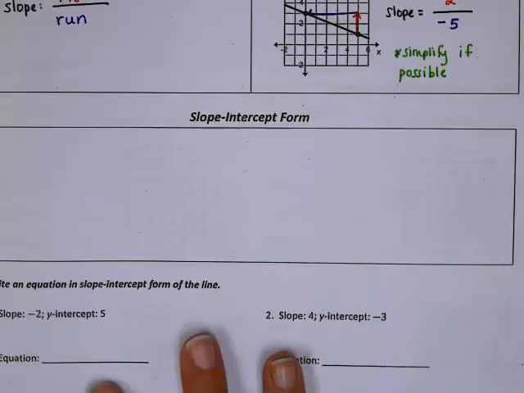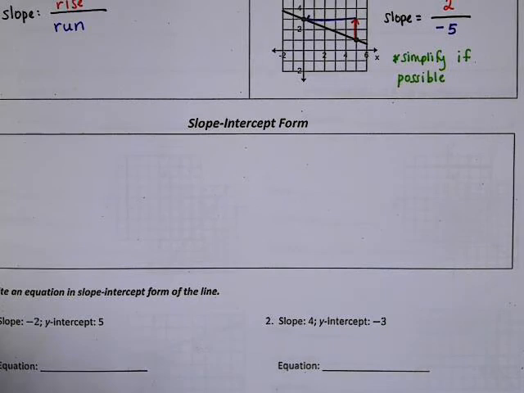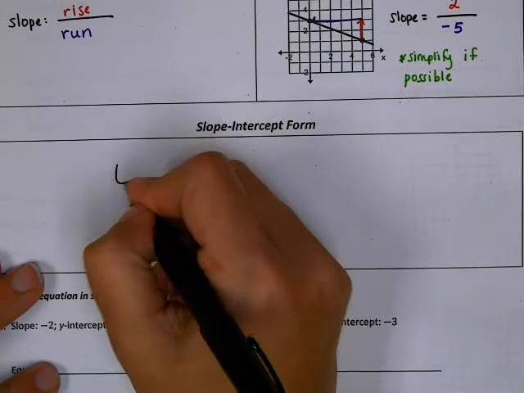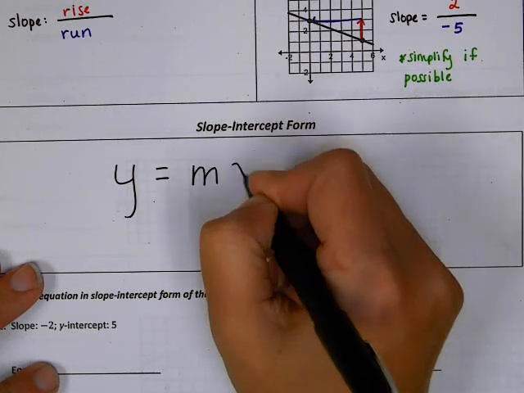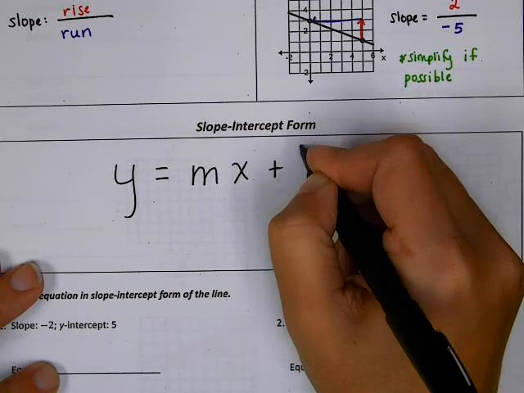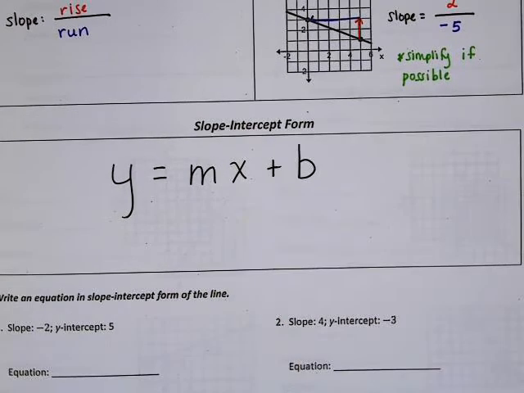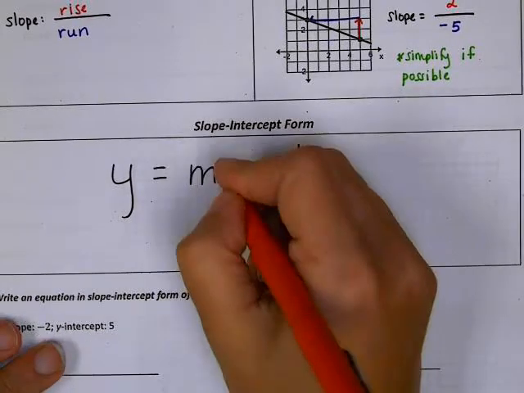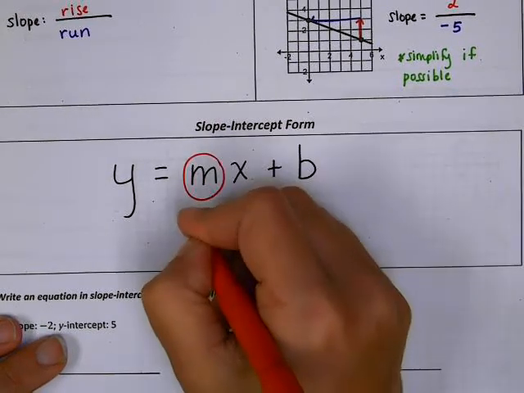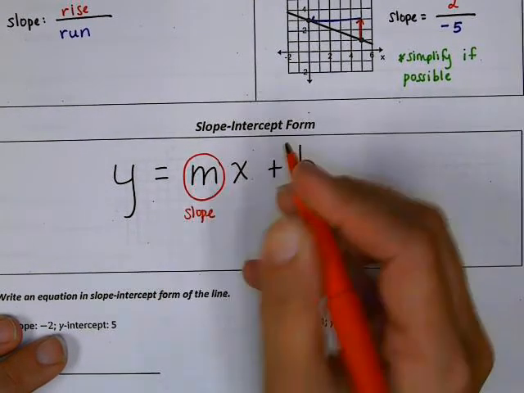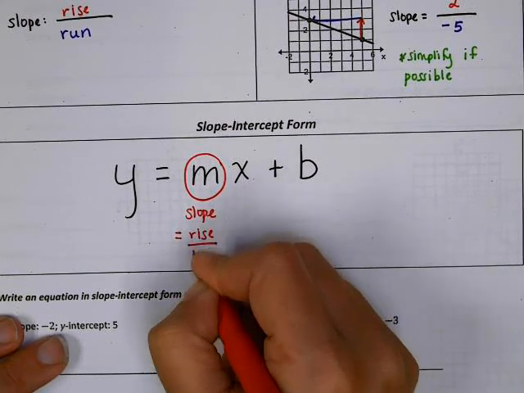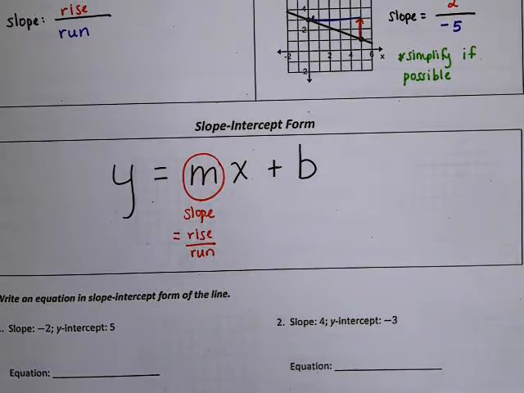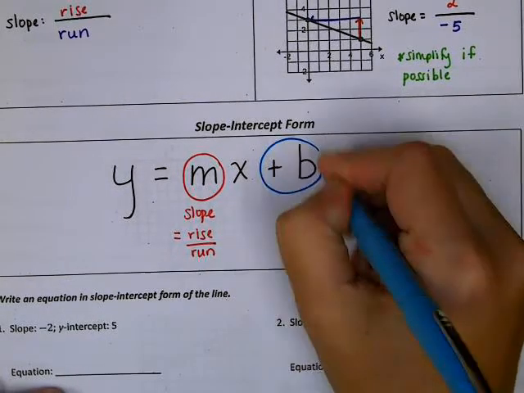Now, our slope-intercept form of an equation of a line is y equals mx plus b, where m is always the slope, which we find by doing rise over run, and b is always the y-intercept.